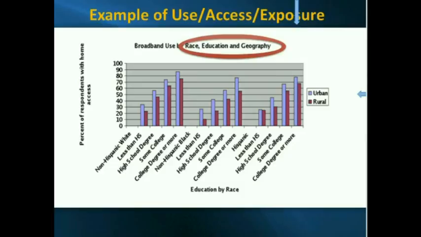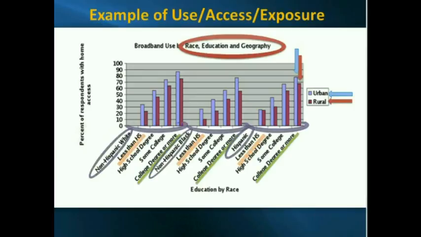Invariably, those who are in urban areas have greater access to broadband internet compared to people in the rural areas. People with a college degree have higher access compared to people with less than a high school diploma. There are also some variations across different race and ethnic groups. This is a way to demonstrate that access and use of media is a very critical factor in how people receive risk information.